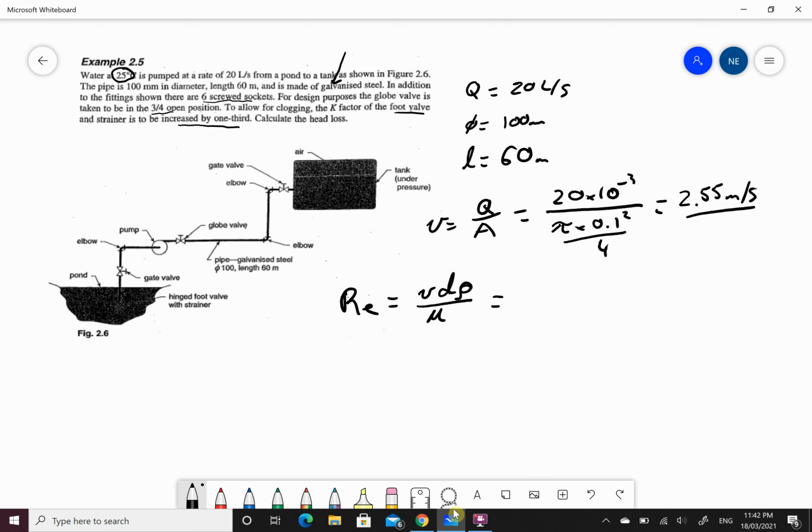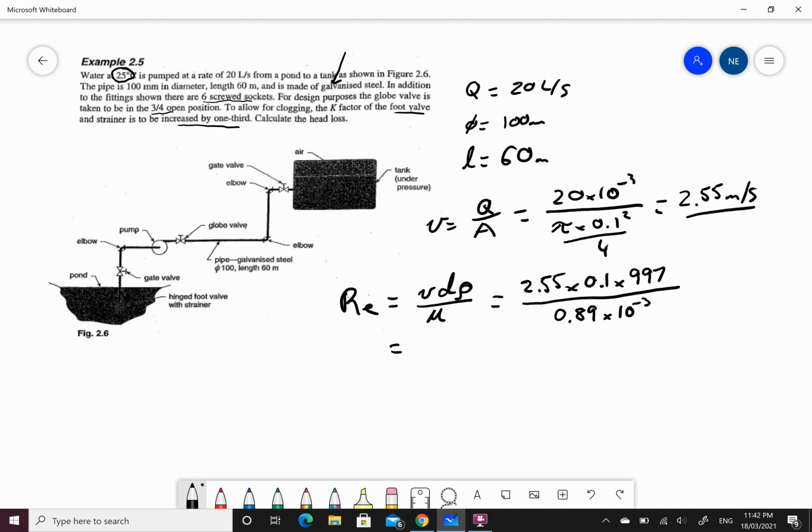So I have V, 2.55 meters per second, by my diameter, it's 100 mil, by rho, which was 997, all divided by 0.89 by 10 to the negative 3 pascal seconds. Let me look at my calculator. 2.55 by 0.1 by 997 divided by 0.89 by 10 to the negative 3.